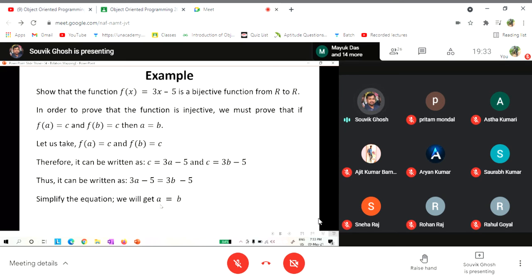That means a will be equal to b. Any problem with this example so far? No, sir. So since a is equal to b, this function is injective in nature.